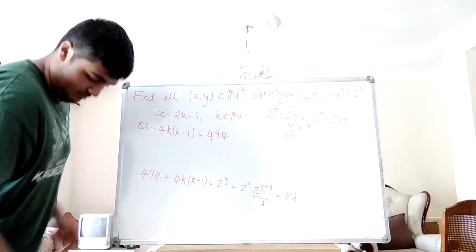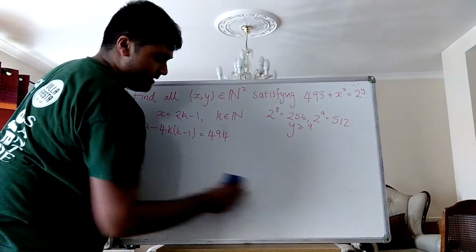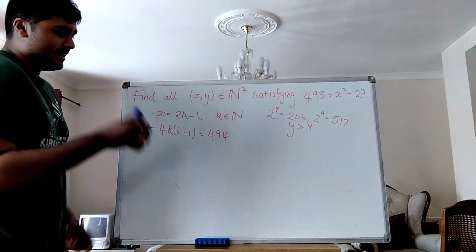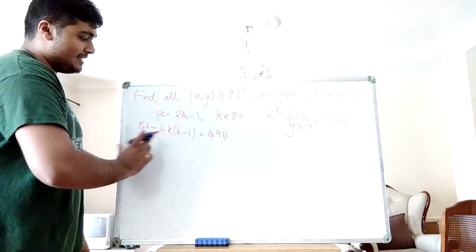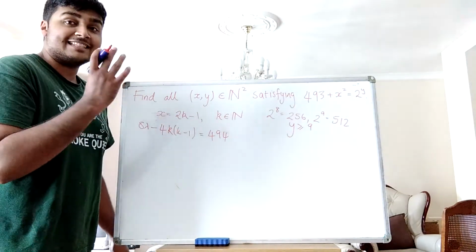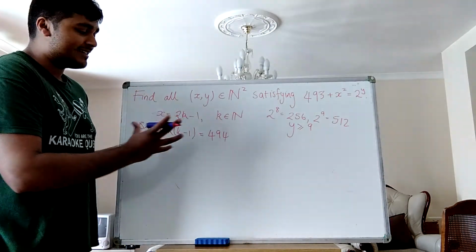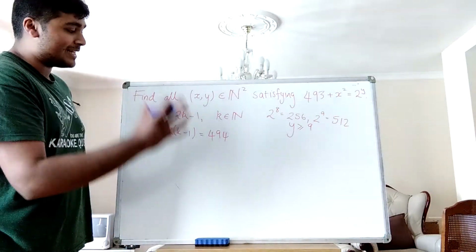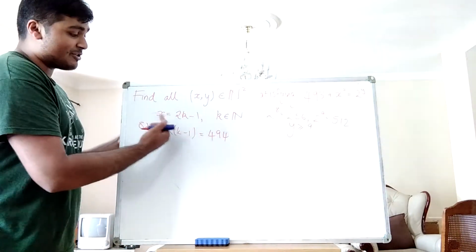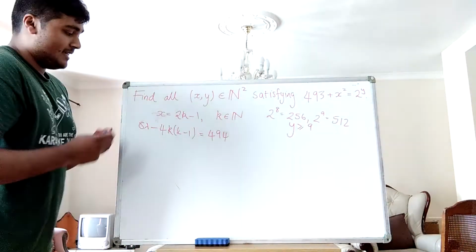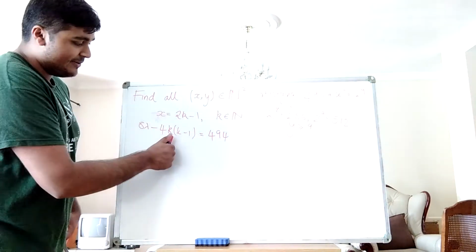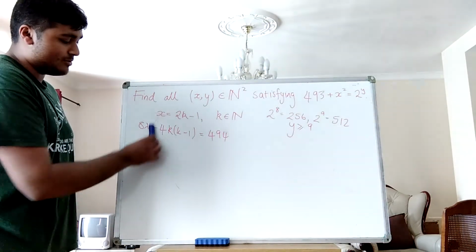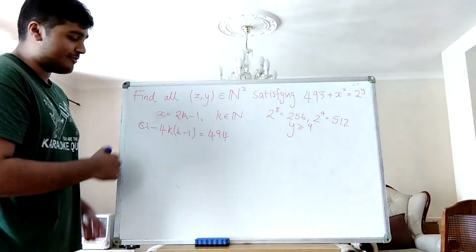Now here's the trick to this: if we look at the left hand side, it's always going to be divisible by 8, no matter what lambda is and no matter what k is, because we know lambda and k are positive integers. This 8 lambda is always divisible by 8 because of the 8 out the front.